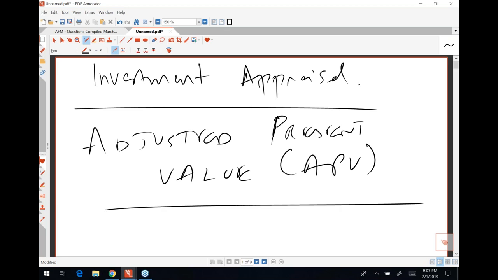Let's just start discussing the concept of this adjusted present value. I'm going to give a brief background of what the adjusted present value is all about, and then we shall start attempting the question Bureau Company.